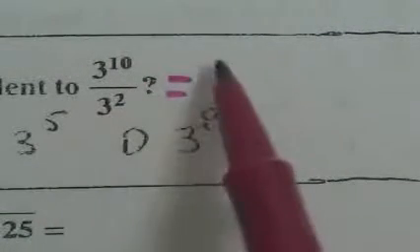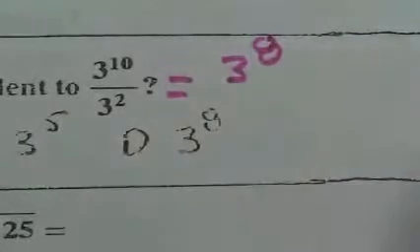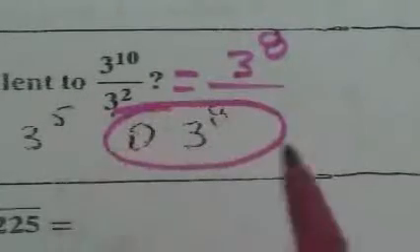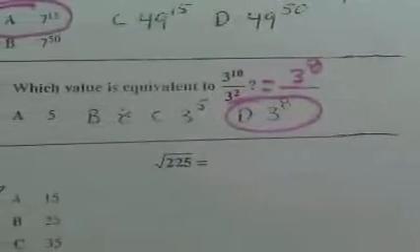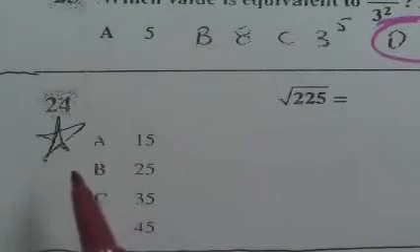You have 10 3s on top, 2 of them on the bottom. That means you're going to be left with 8 of them up on top. Okay, number 24.